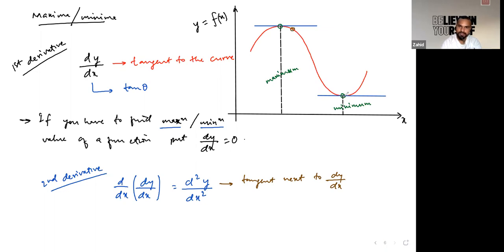If you draw a tangent to this curve at this instant, you will get this line. Now, if you draw a tangent to this curve at this point, you will get this.